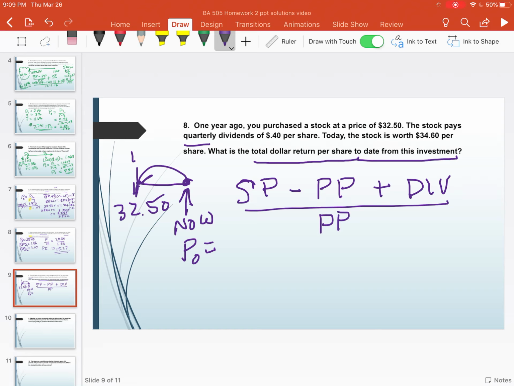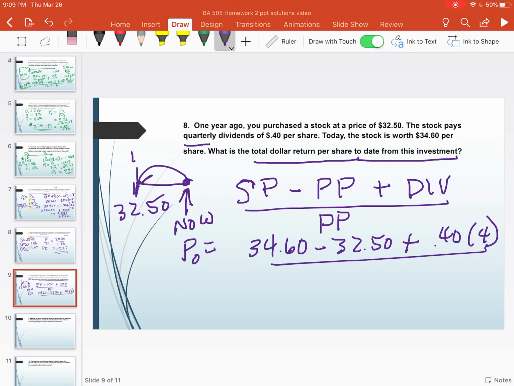The current price today is $34.60 minus the purchase price of $32.50 plus the dividends, 0.4 times 4, divided by the purchase price of $32.50.